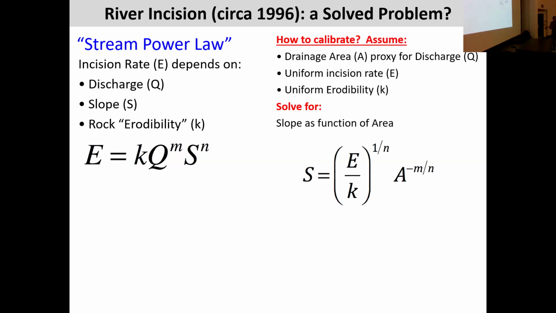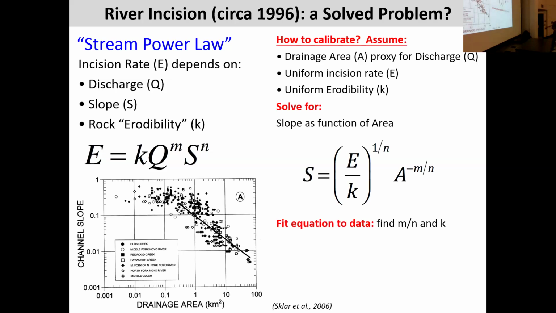And this slope-area scaling was really fundamental in lots of investigations of landscapes and quantifying landscapes. And here's an example of how you would fit data, channel slope on the vertical axis against drainage area on the horizontal axis. In log space, this power relation is a straight line. And so from that, we can solve for the ratio at least of the exponents, and for this K term that captures the rock erodibility.